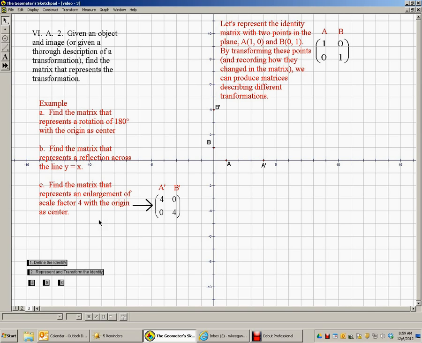But that's sufficient for the purposes of the CXC folks that you're going to be teaching. Okay, so let's just focus on these. Always go ahead and assume when you're doing matrices that the origin will be the center of rotation or enlargement, and that the reflection lines will be the straightforward y-axis, x-axis, y = x, y = -x.